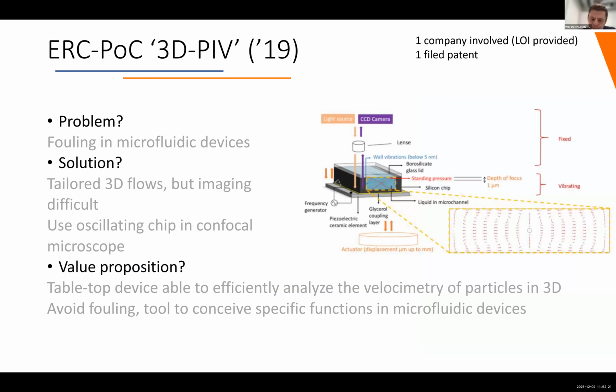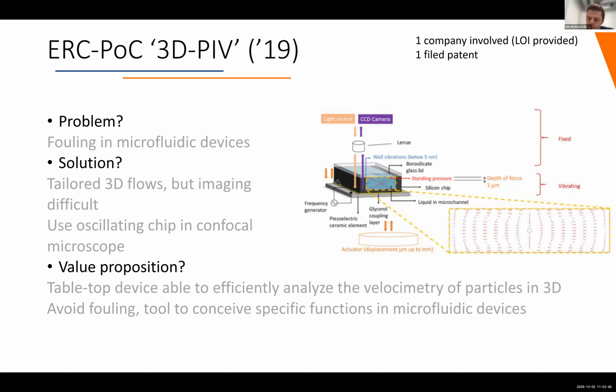Now, when you make these vortices, one of the big first challenges was how can you visualize these three-dimensional flows? Because with a conventional microscope, you just have a 2D view and you don't have a 3D view. This was actually a very important technology that we needed to interpret if the system was doing what it had to do.